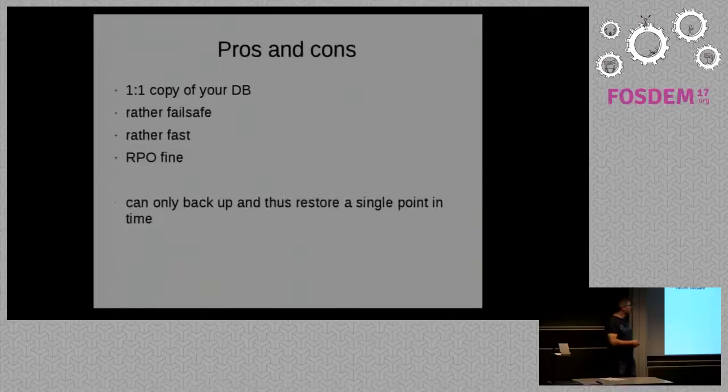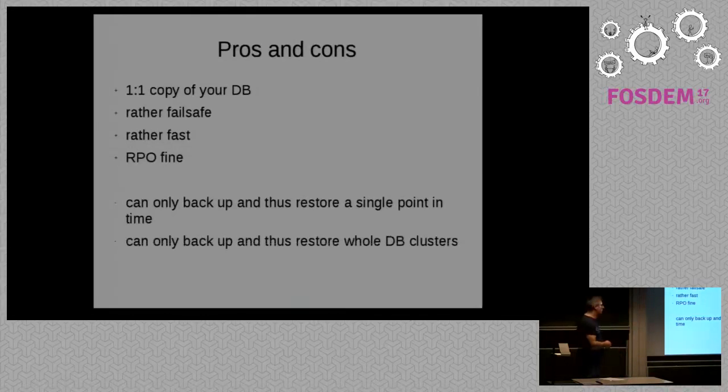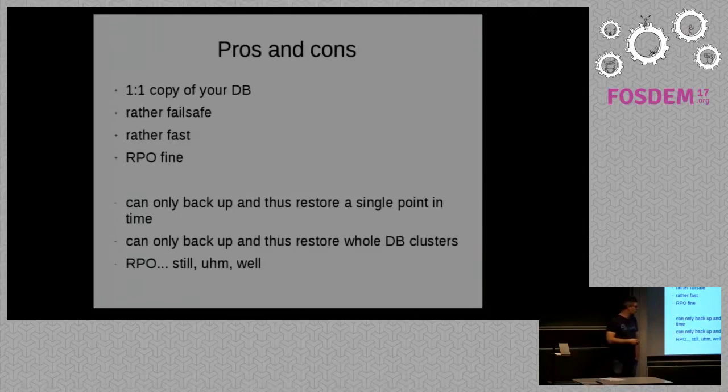Pros and cons. It's a one-to-one copy of your database, rather fail-safe, rather fast. RPO is fine. Oh, wait, the RPO is fine, actually. Never mind. So that's RTO. In this case, you can only backup and thus also restore a single point in time. And you can backup and restore only a whole database cluster, so an instance of Postgres.